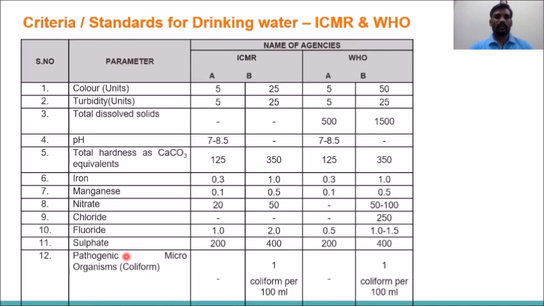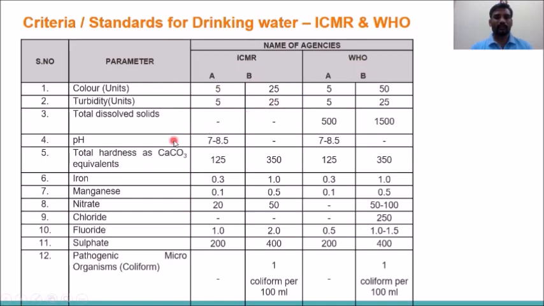So you can see the table over here. The color is given in terms of units, where A is the minimum level and B is the maximum permissible limit. ICMR is an Indian body, and WHO makes recommendations as a worldwide organization; these vary from country to country. Color should be minimum 5 and maximum 25. For turbidity also, the minimum level is 5 and the maximum permissible limit is 25.